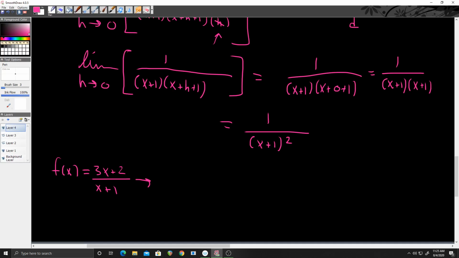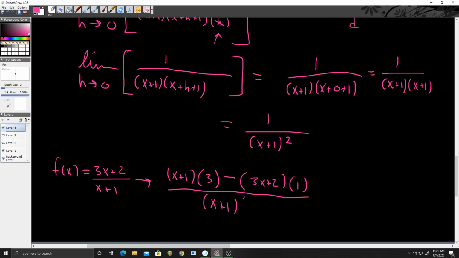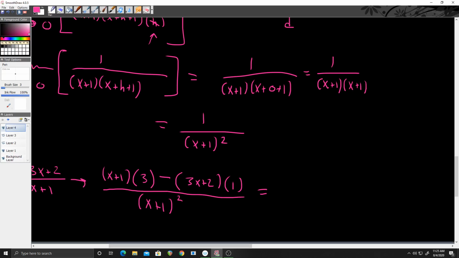And basically what you do is you take the bottom, multiply by the derivative of the top. The derivative of 3x plus 2 is 3, minus the top times the derivative of the bottom. The derivative of x plus 1 is 1, over the bottom squared.